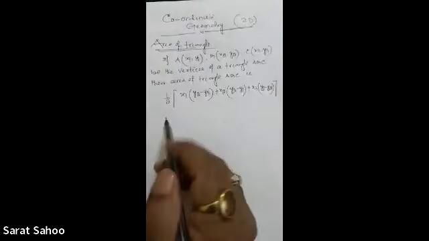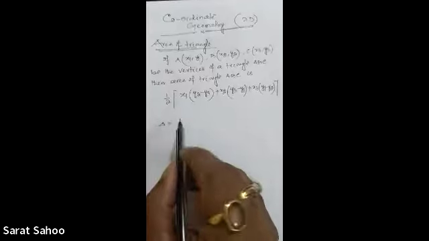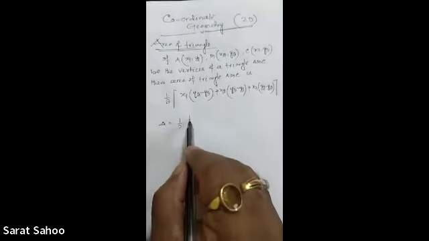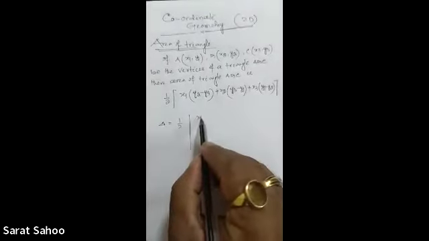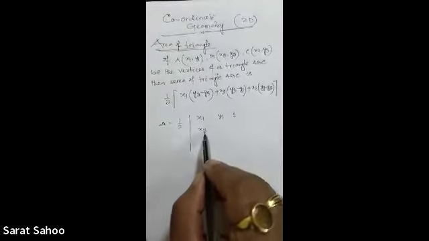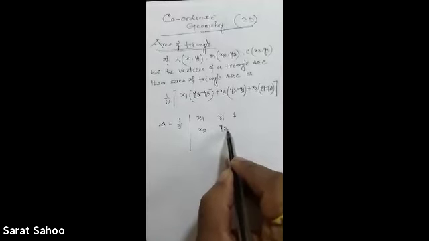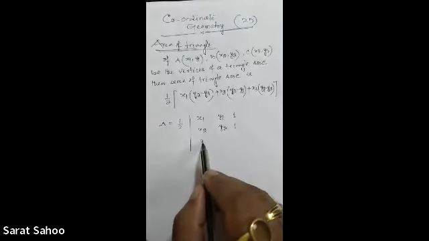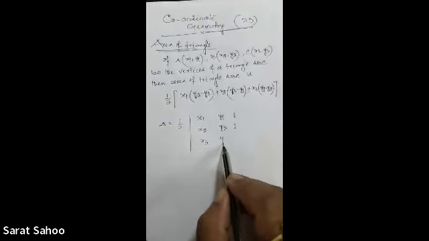In the another form, in the determinant form, delta is equal to half of x1 y1 1, x2 y2 1, and x3 y3 1.